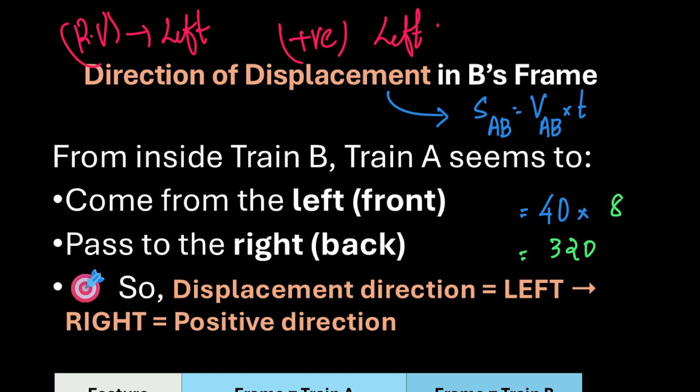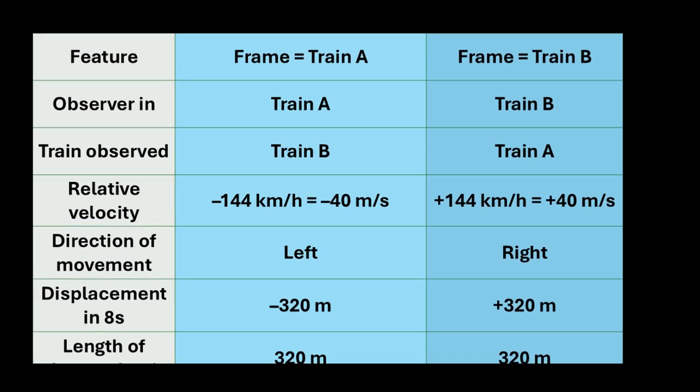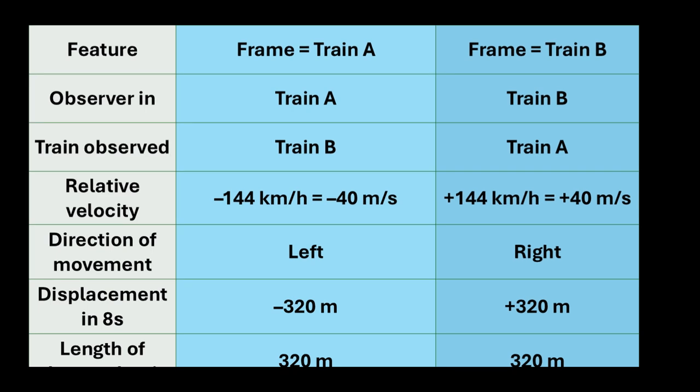Right? So now let's just compare these two methods that we've used so far. So this is train A and train B, and in both cases we need to understand both of these are inertial frames. Right? The only difference that comes into picture here is the direction of relative velocity. While the observer was standing in train A, relative velocity was minus 40 meters per second, and therefore the net direction of movement was towards the left, which means displacement towards the left being negative.